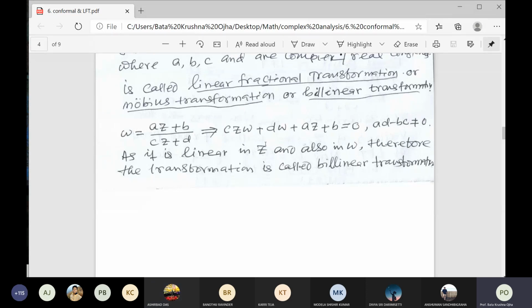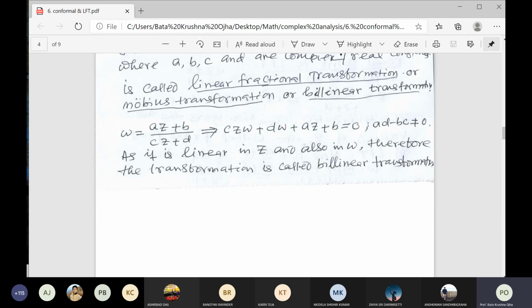It is my mistake. Here I have not written d, a, b, c, and d properly; you write just d here: a, b, c, and d. It was a mistake on my side when writing with the pen. You rectify it: czw plus dz minus az minus b is equal to 0.